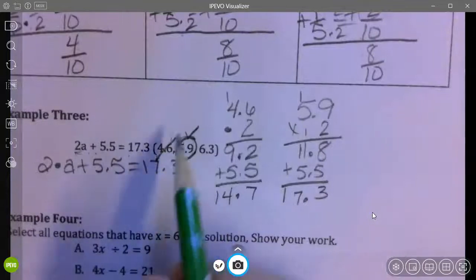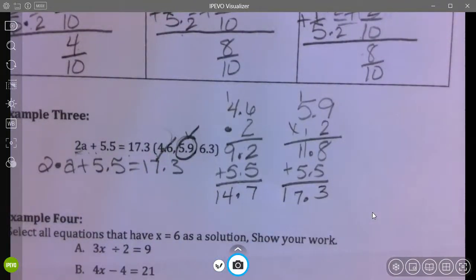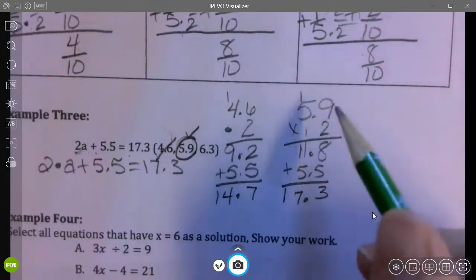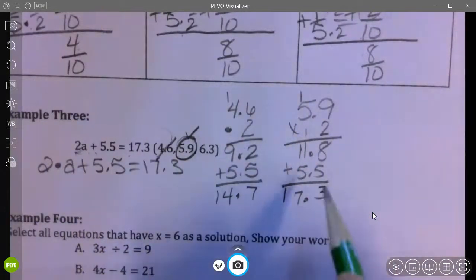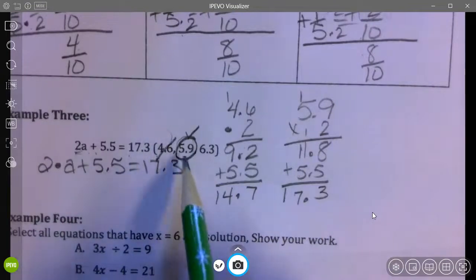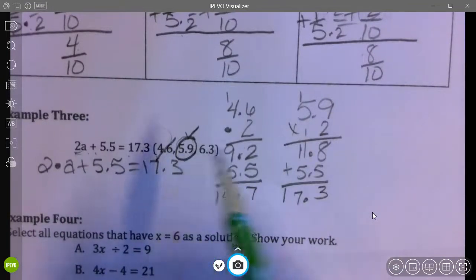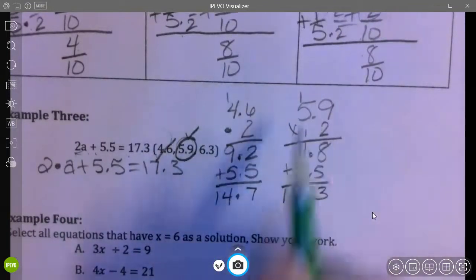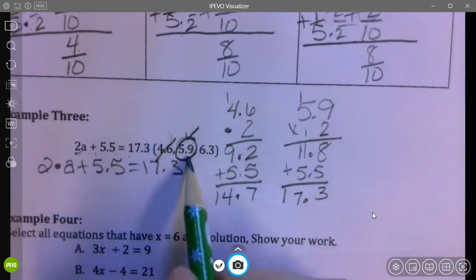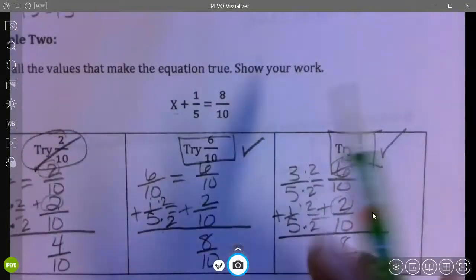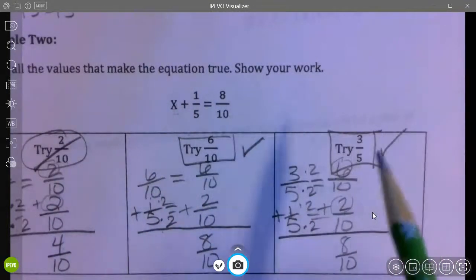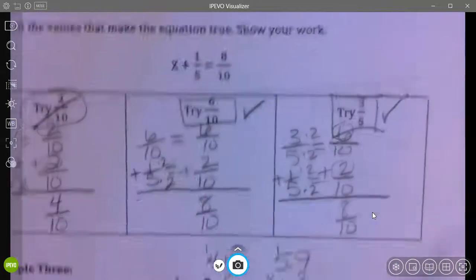Even though I know that I can only multiply 5.9 with 2, this will be the only solution I have. I just want to make sure that I didn't do my math wrong on this. So the reason I had 2 answers here is because fractions can be written equivalent to each other, but they could be different numbers.